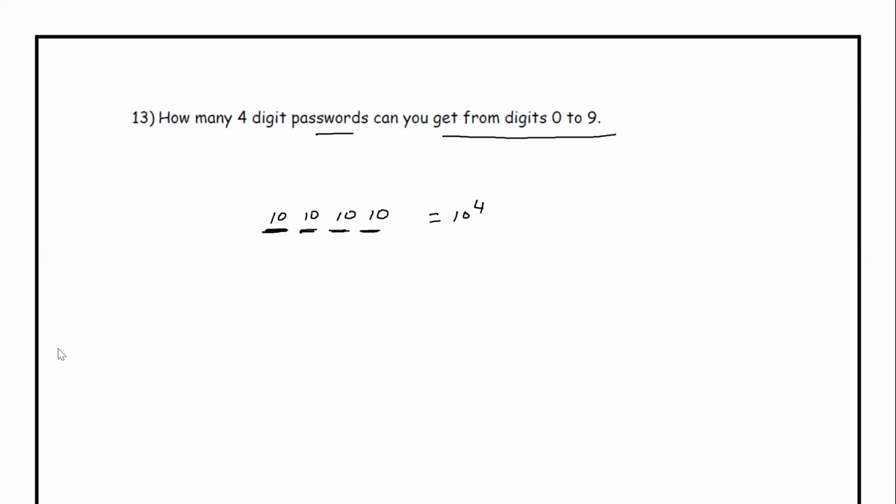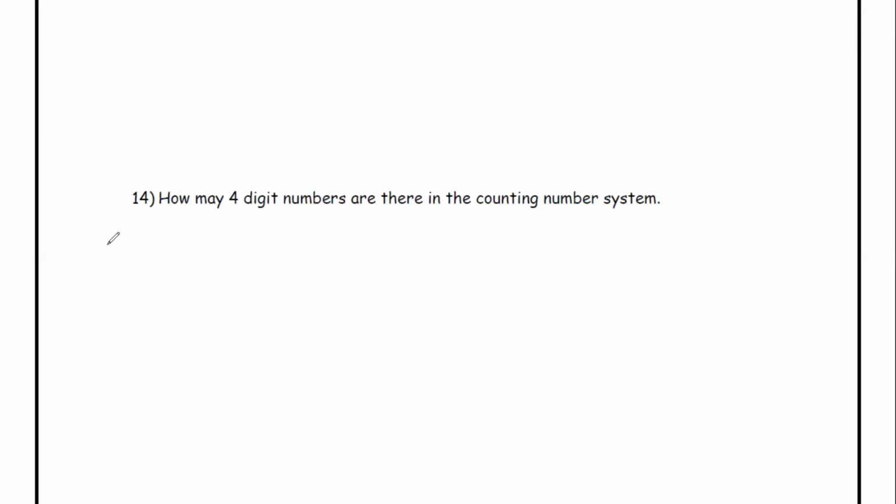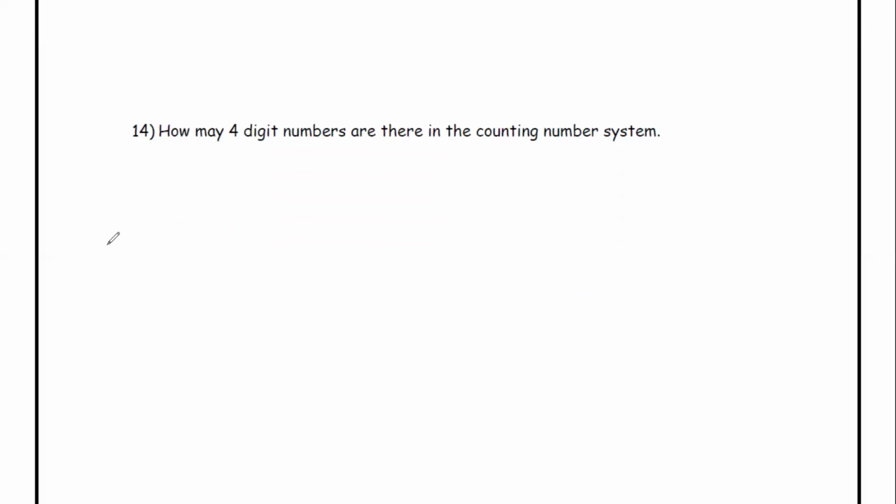So the question is, what if it's a number? I hope I have put that question in my handout. How many 4-digit numbers are there in the counting number system? In the counting number system, you don't have a number beginning with 0. You have a number beginning with 1. I could have probably rephrased this as how many 4-digit numbers are there in the natural number system? The natural number system begins with 1, right?